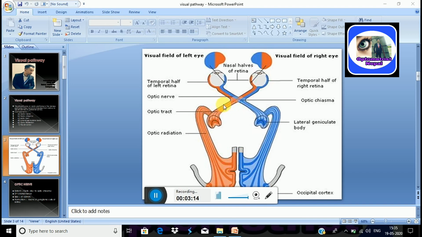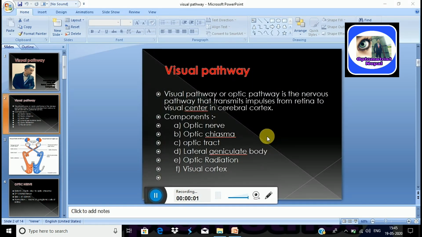This is the lateral geniculate body, and after the lateral geniculate body, it is the optic radiation up to the visual cortex, and this is the visual cortex or occipital cortex. Now let's start my presentation after summarizing the image of the visual pathway.